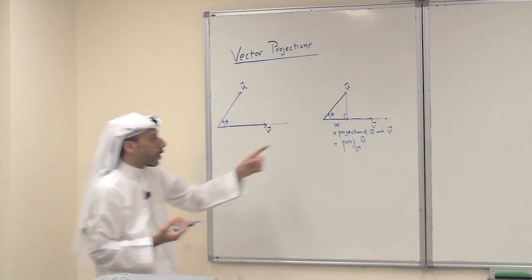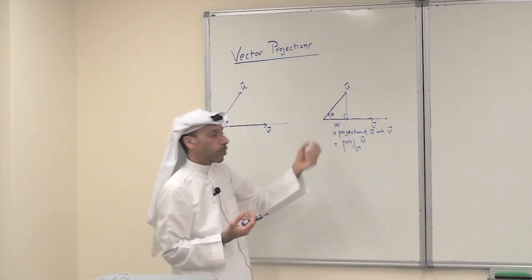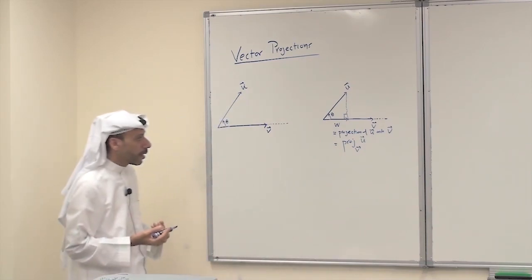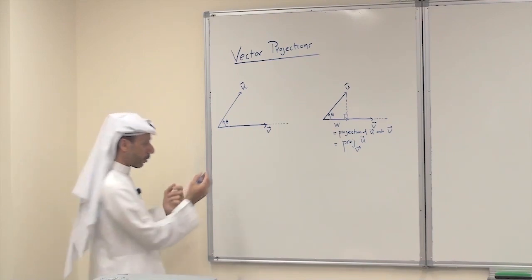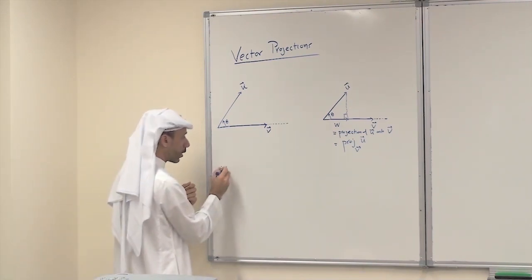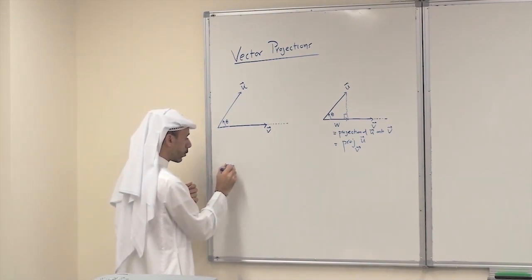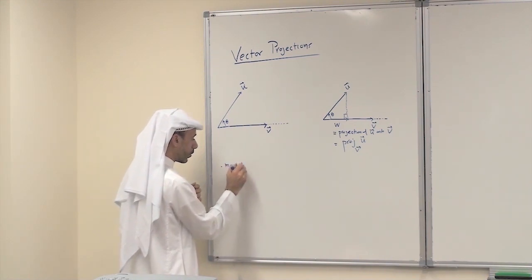Our objective is to find the vector w, or the projection. To find a vector, you need two things: the magnitude and the direction. So from the given picture, what is the magnitude of w?